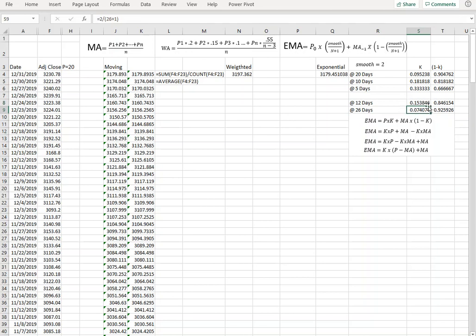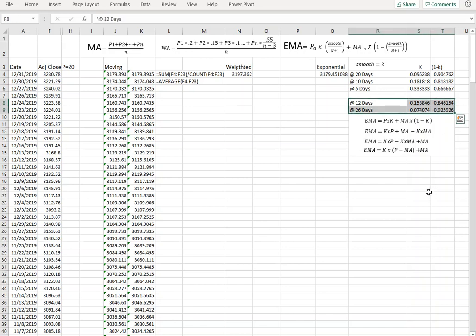So the 26-day has more influence from the moving average of the past 26 days versus the most recent day relative to the 12. The 12 is more influenced by the most recent day versus the moving average from the previous 12 days. So that's understanding MACD right there.